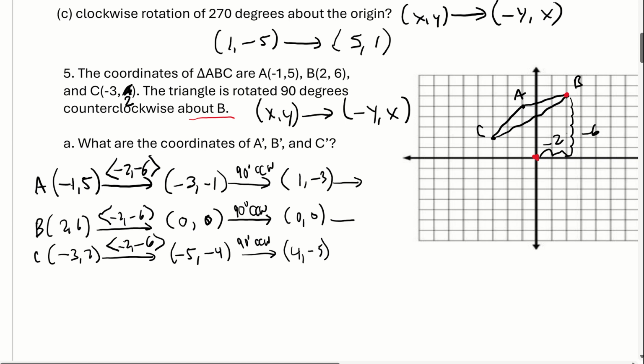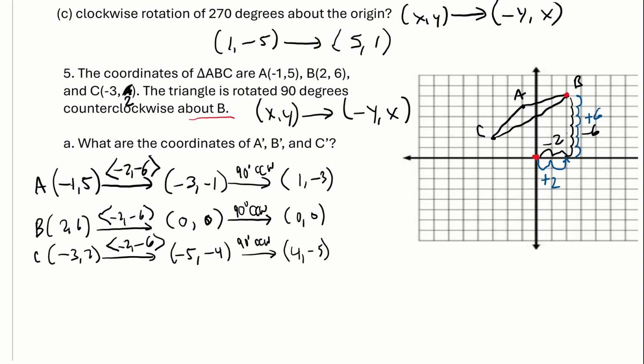All right. And now, finally, we've rotated it. And now we want to move it back to where it was. So I got to go 2 to the right, and then 1, 2, 3, 4, 5, 6 up.